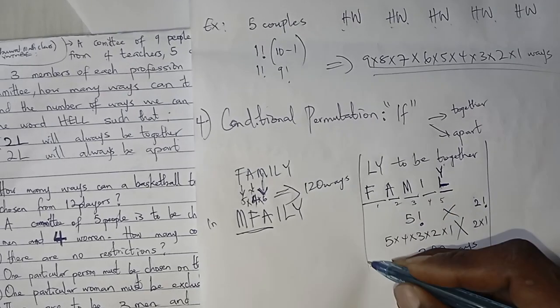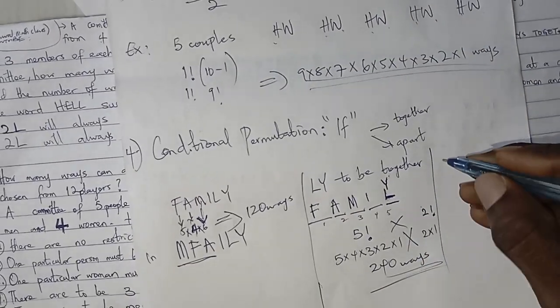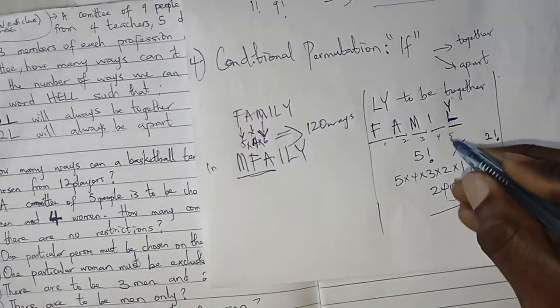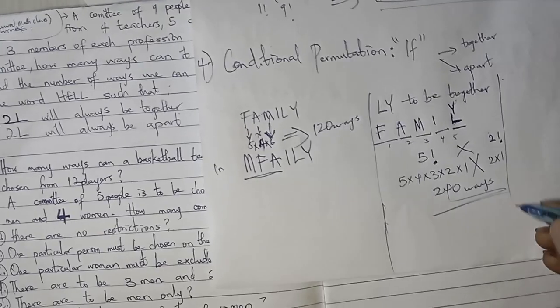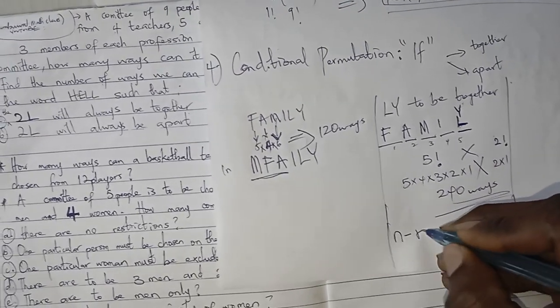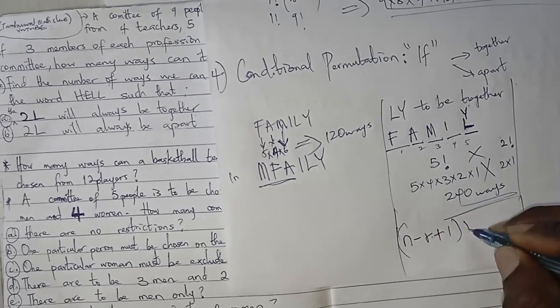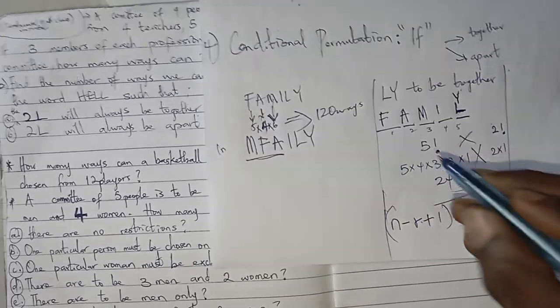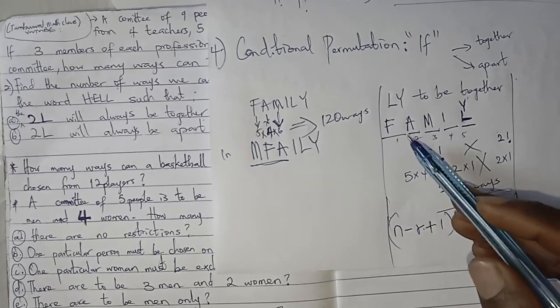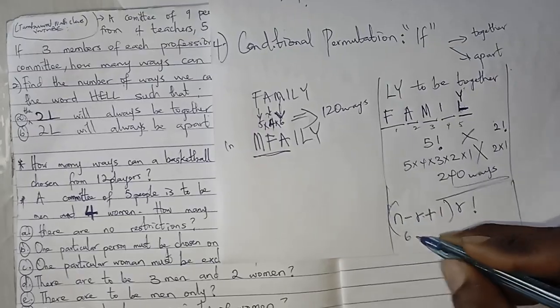Now, if I want them to be apart, what I just need to do is to use this formula. And please, before I go to that, I need you to notice that what I've done here has a formula. If you don't want to use this one, you can simply use n minus r plus 1, then r factorial. Let's check. The n here, FAMILY, has how many letters? Normally, 1, 2, 3, 4, 5, 6. It has 6 letters.